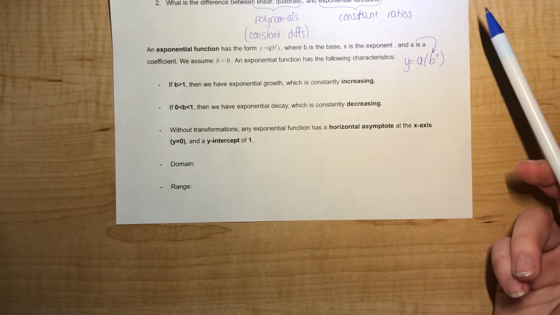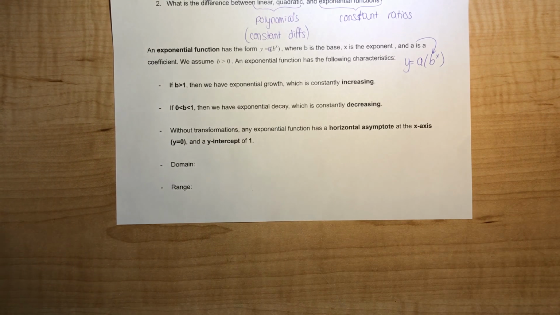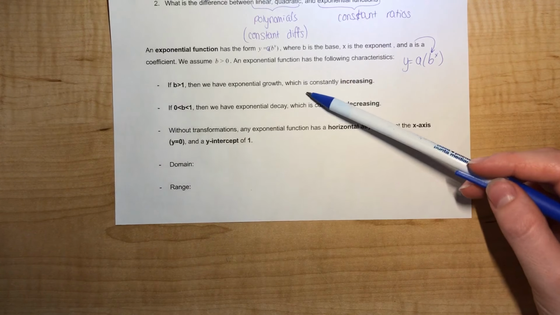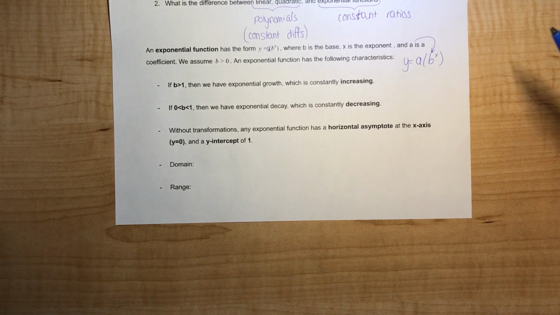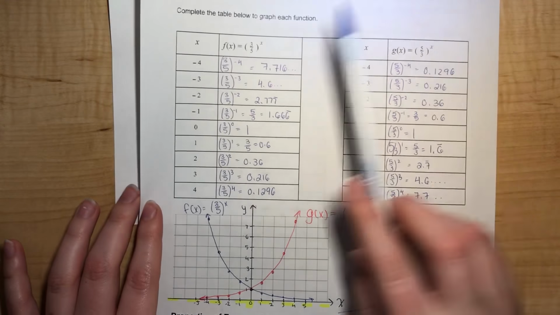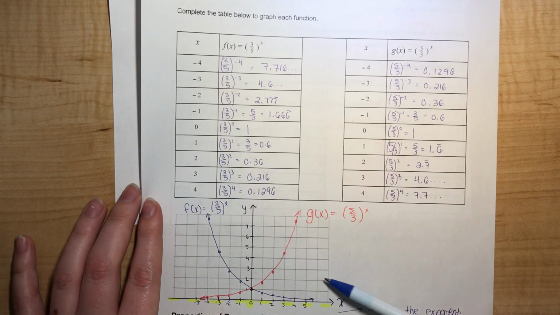And then our overall characteristics, well, if our base is greater than 1, so in that other one that we looked at, 5/3 is greater than 1, we're going to have growth, which is always increasing. For bases between 0 and 1, we've got decay. So again, back to here, 3/5 to the x was a nice decay.